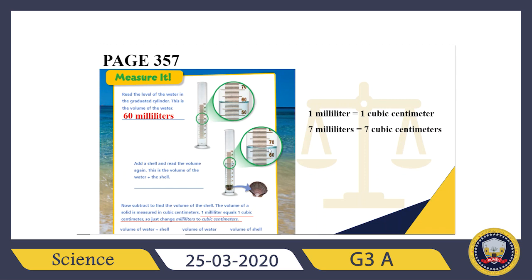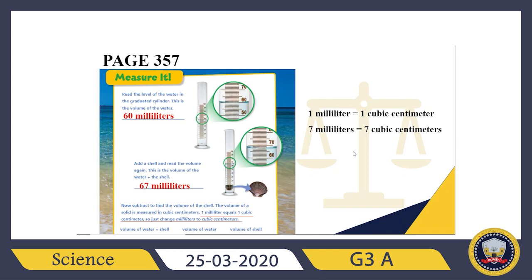Let's read it. What is given to me? I can read 67 milliliters here. Remember, this is the volume of water and shell. Let's check. 1 milliliter equals 1 cubic centimeter, so just change milliliters to cubic centimeters.